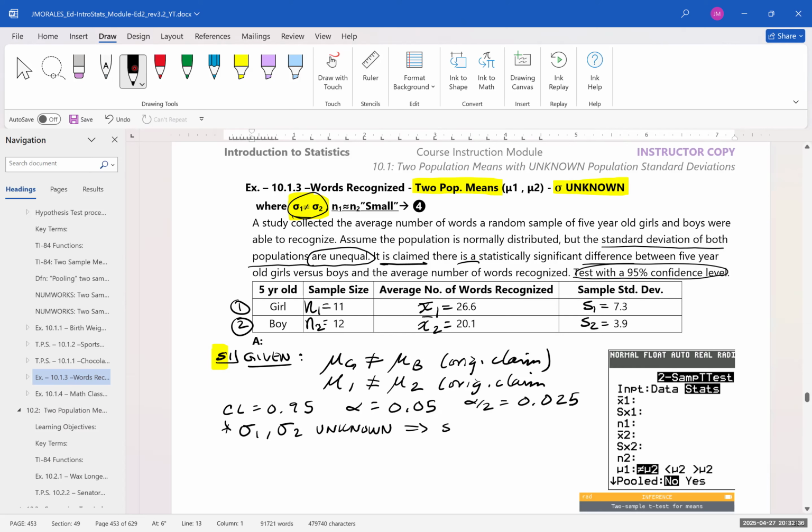Okay, so that tells us we're going to use a student's t-distribution. But also, these two standard deviations we're told are not equal. So what that means is that under pooled, this time we're going to say no.